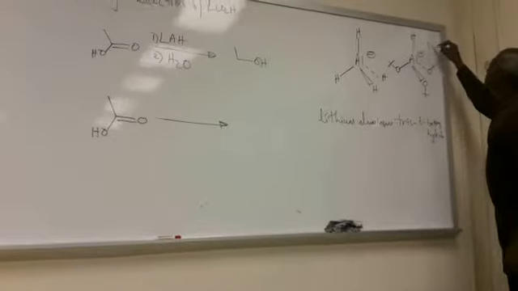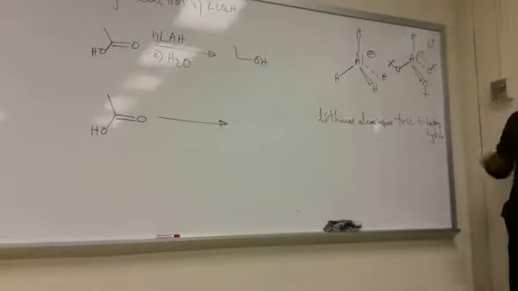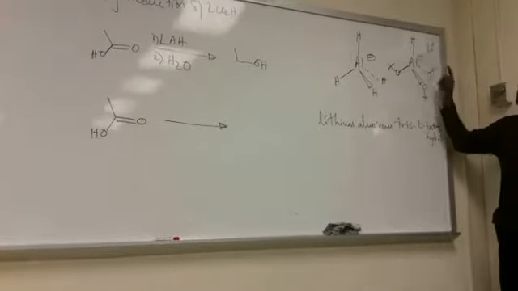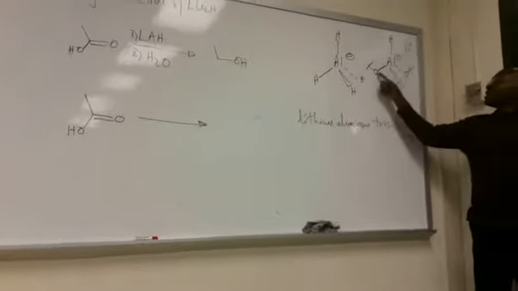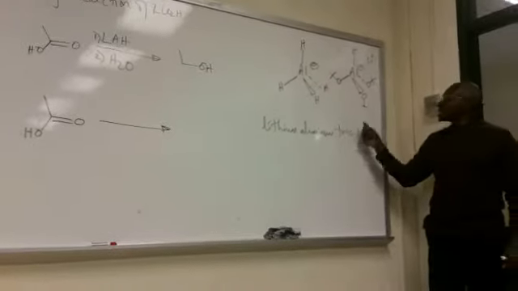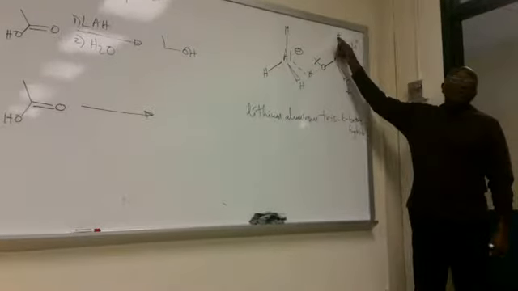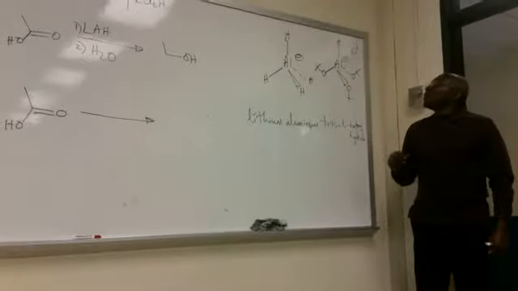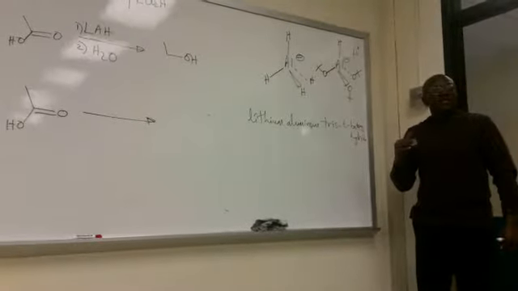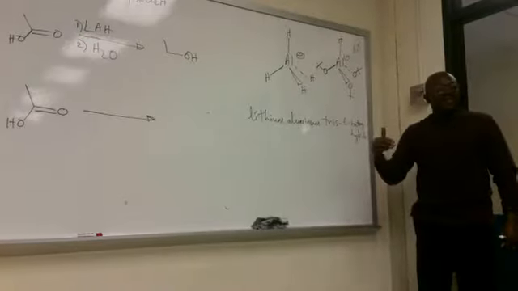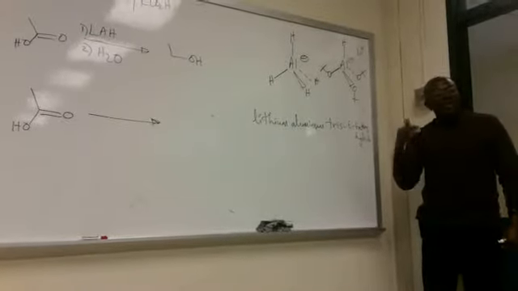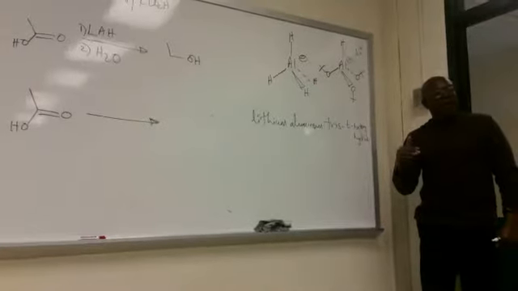So you have the lithium cation associated with the anion. So it's lithium aluminum, I have 3 T-butoxy groups, so it's tris T-butoxy hydride. That reagent acts on carboxylic acids, but it doesn't reduce them all the way down to the alcohol.